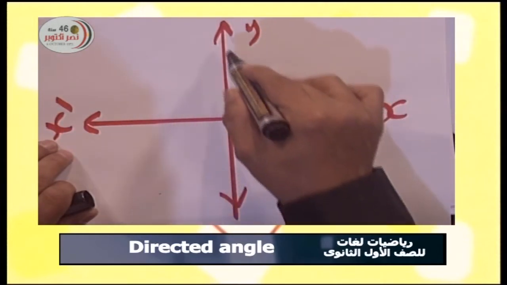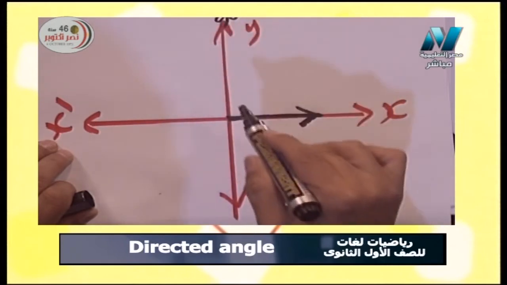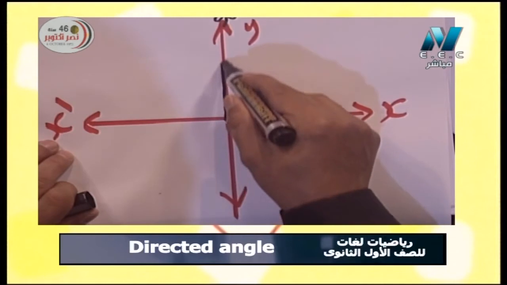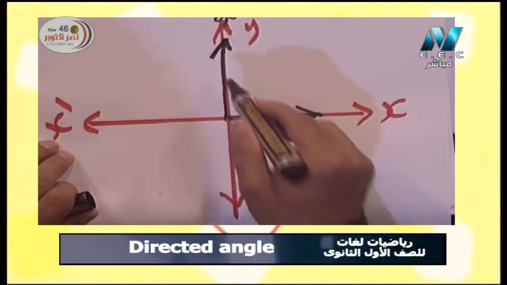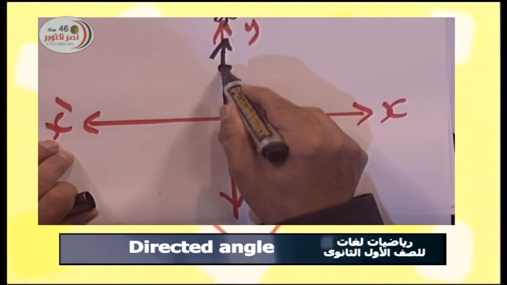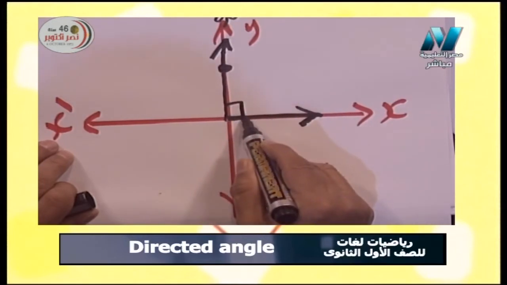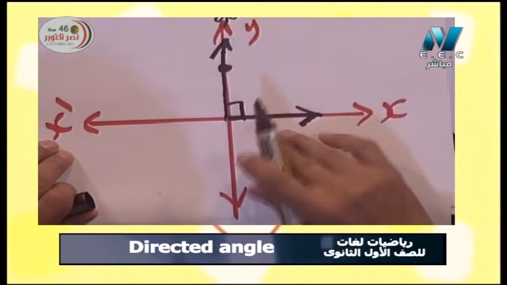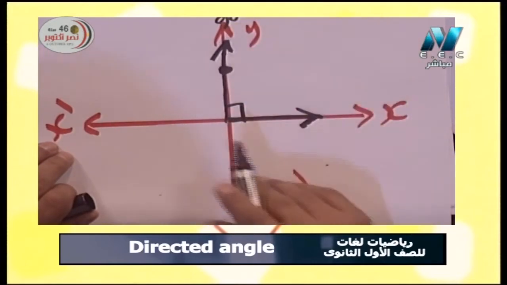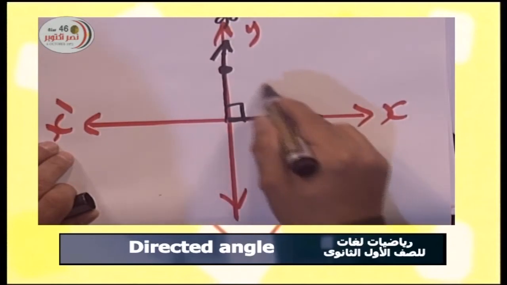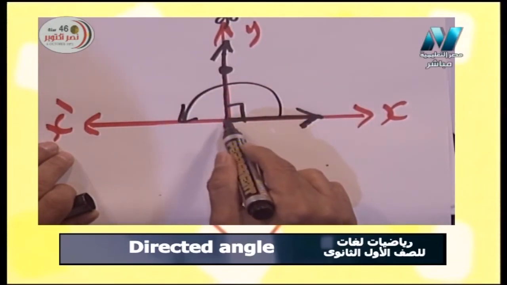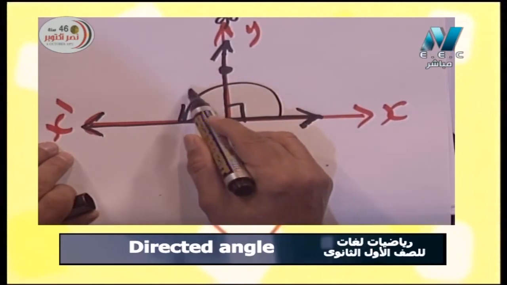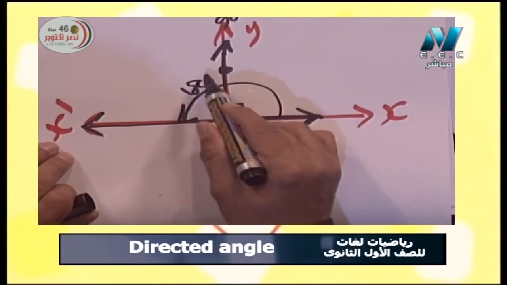If we have 90 degrees, we have its initial side here and terminal side here, so it's a quadrantal angle because its terminal side lies completely on the y-axis. For 180 degrees, its terminal side lies here and its measure will be 180 degrees.